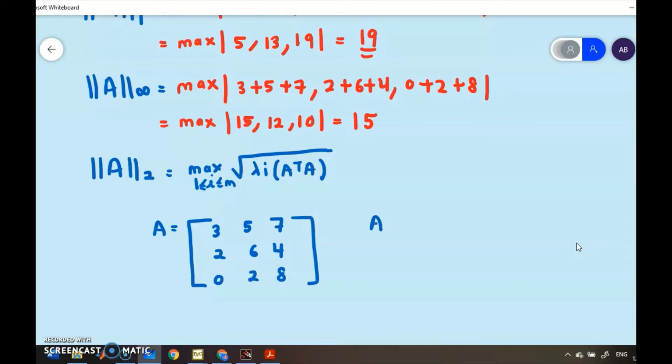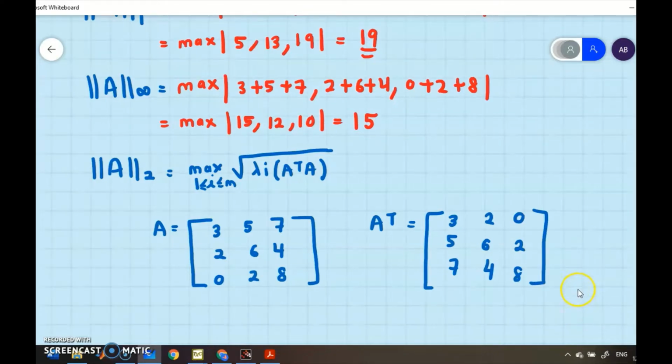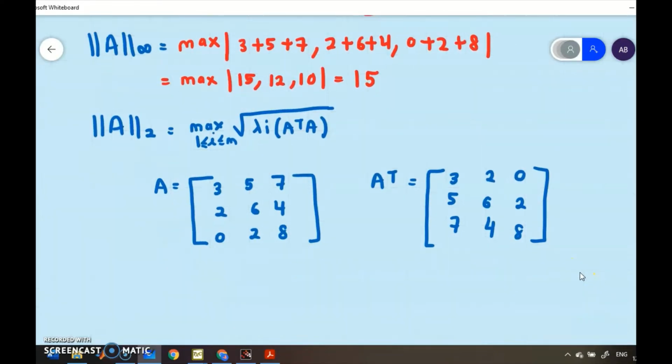Now what is A transpose? A transpose is where the rows become columns. The first row 3, 5, 7 becomes a column, the second row 2, 6, 4 becomes a column, and the third row 0, 2, 8 becomes a column.